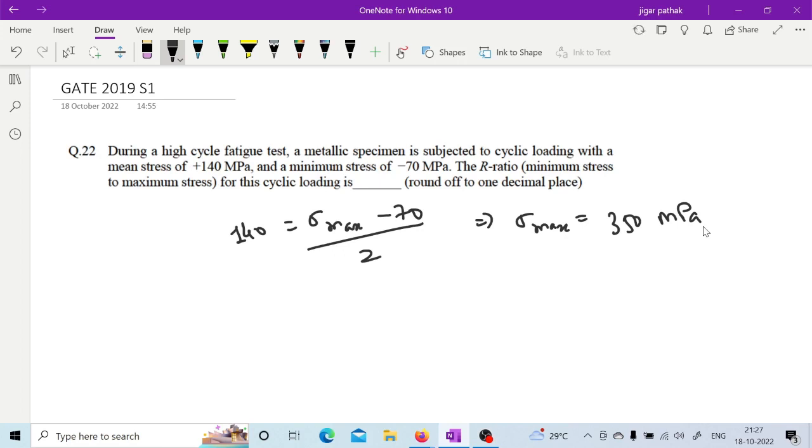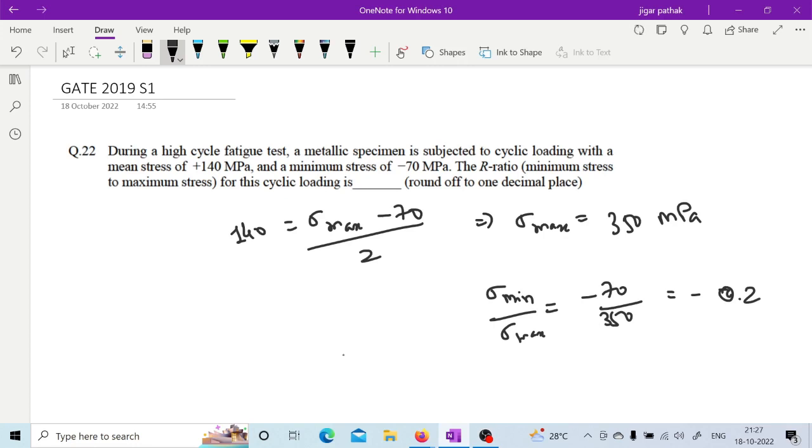Okay, and then that R ratio is minimum stress to maximum stress. That is minus 70 to 350. That is minus 0.2. Okay, it is simple.